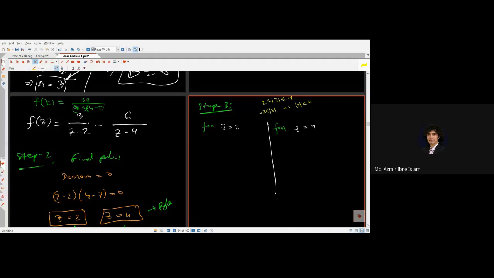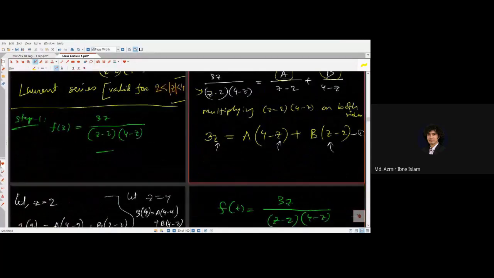If we combine these two, we'll get the previous part back, right? Yes, sir. So for the pole z equal to 2, we have 2 less than modulus of z. And for z equal to 4, we have modulus of z less than 4. So this is step 3.